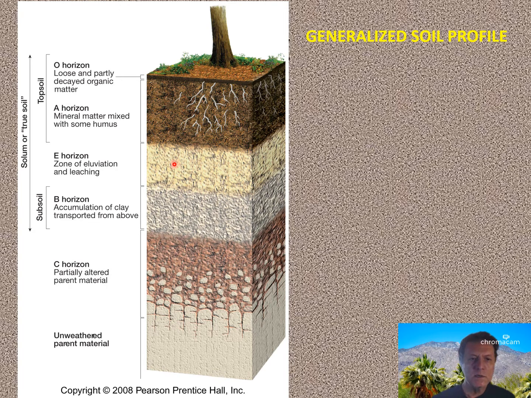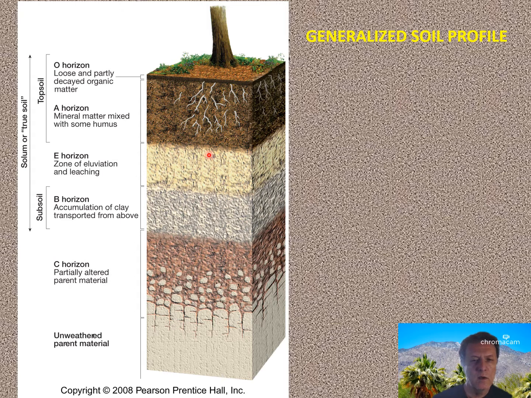Below the A horizon is what we call the E horizon, E for eluviation, which means it's a layer where mineral matter, fine particulates, and some chemical compounds are driven downwards by water movement and transported through this layer.